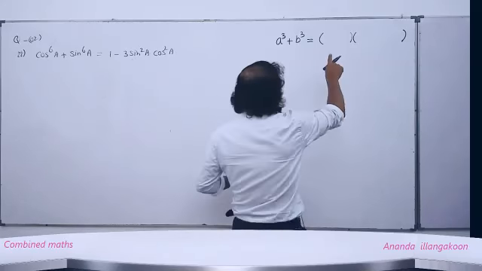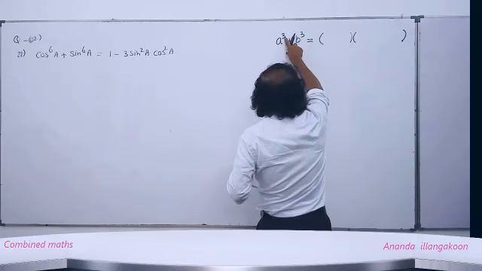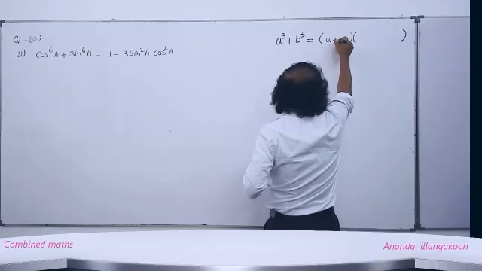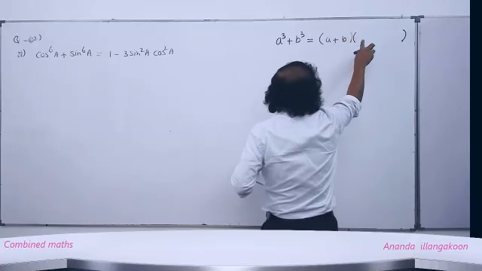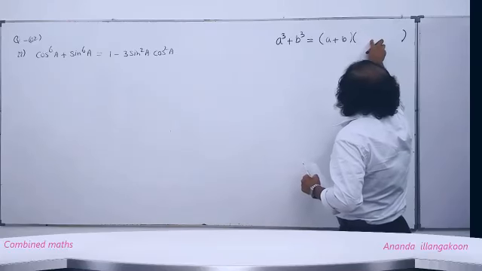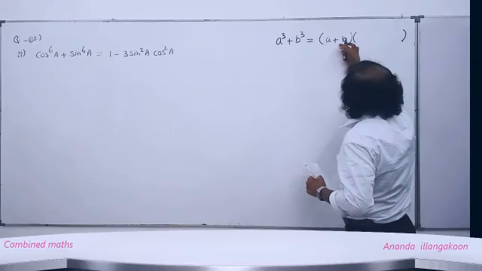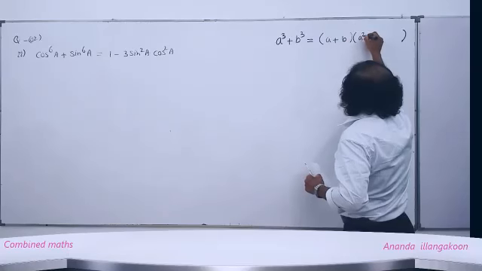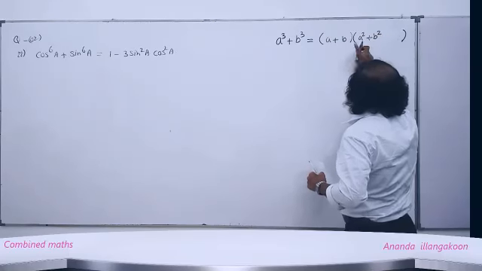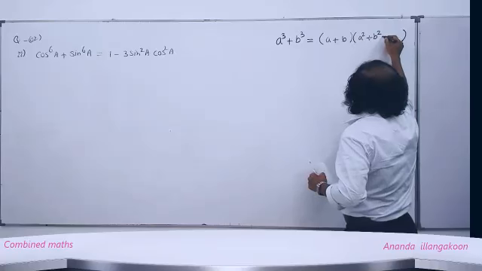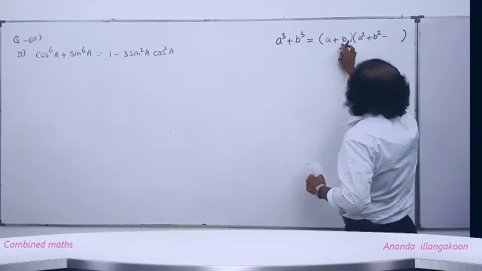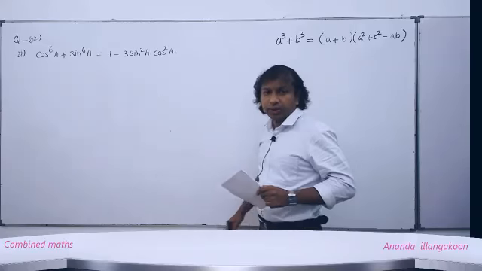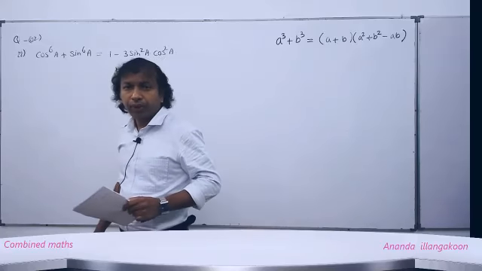First factor here we can obtain: ignore this power 3, then we get a plus b. And the second factor is this. You can write the second factor by observing the first factor: square this, and add them up. And take the opposite sign of this one, and multiply these two. Right? These are the factors.